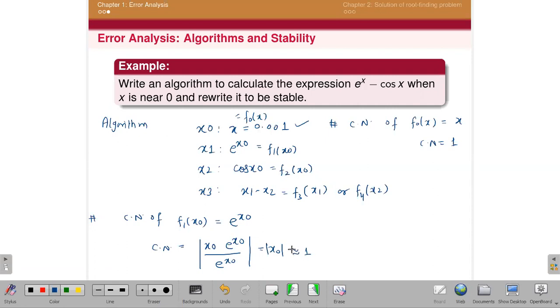Near to 0 means that you are getting less than 1. Or I can write less than 1. So now find the condition number of f2 of x naught. So that is cos x naught. So the condition number will be: x naught is the variable, f2 of x naught derivative divided by f2 of x naught.